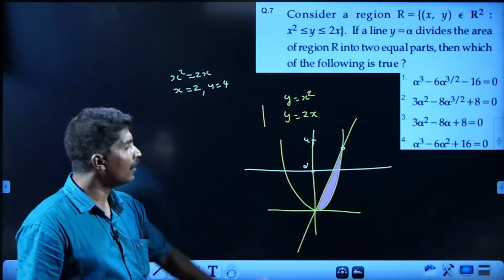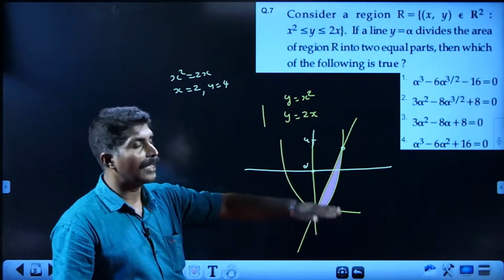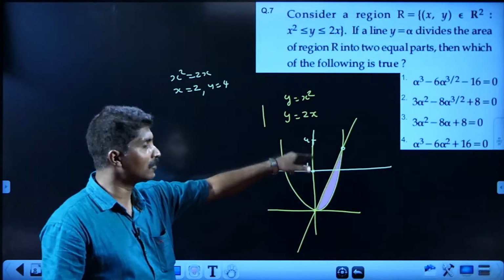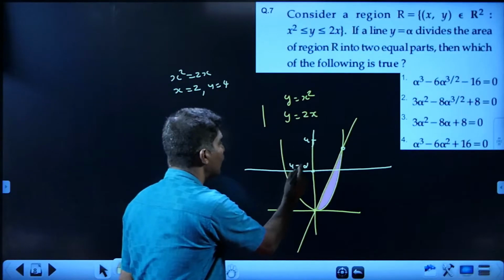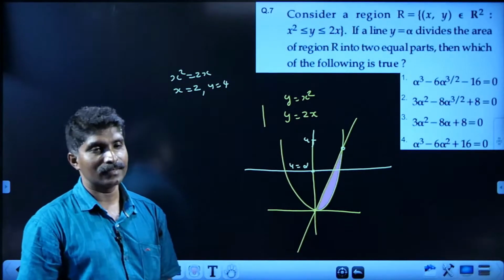So we will integrate with respect to y, because the line y equal to alpha is given, so the limit is given along the y axis.